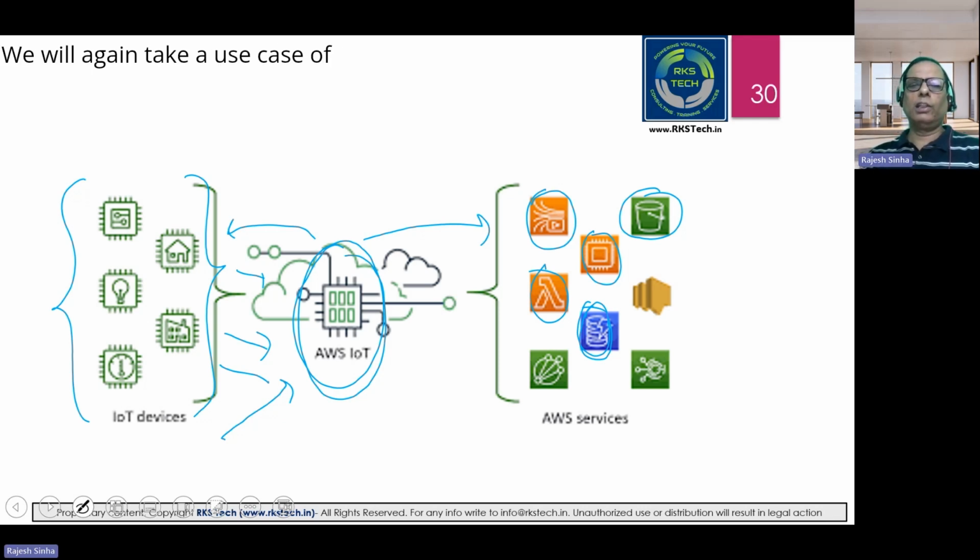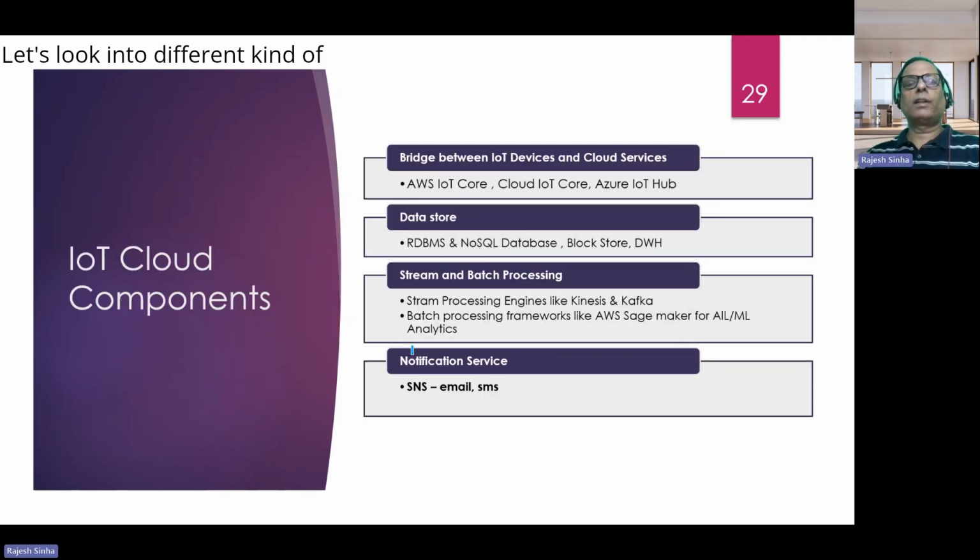We will again take a use case of a hospital management system, and we will see what the different kinds of components are which can be used in the cloud to do various kinds of data processing coming from the IoT devices. Let's look into different kinds of services available in cloud which can help to manage the massive amount of data produced by IoT systems, and which can help to process that data.